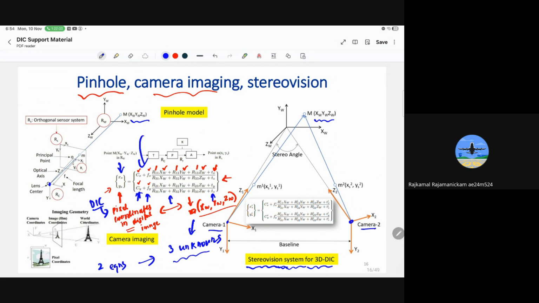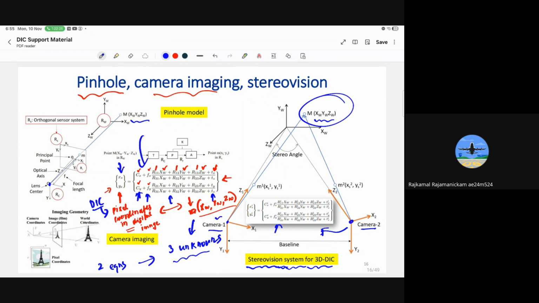From camera 1, we'll get a similar equation. Camera 2 also will give a similar equation. Okay. And then we need to see how to achieve these equations. With the help of two cameras, we will be able to find the 3D coordinates of a particular point in the world coordinate system.